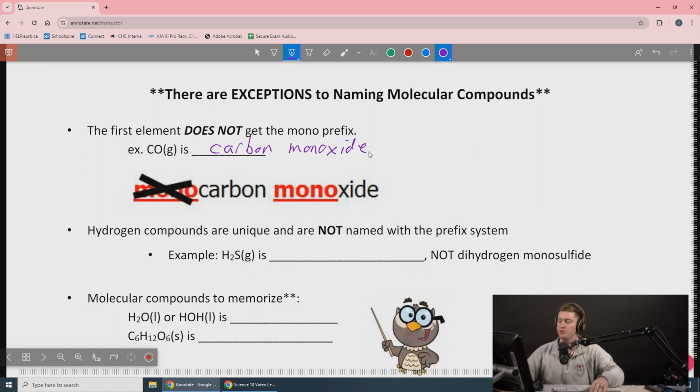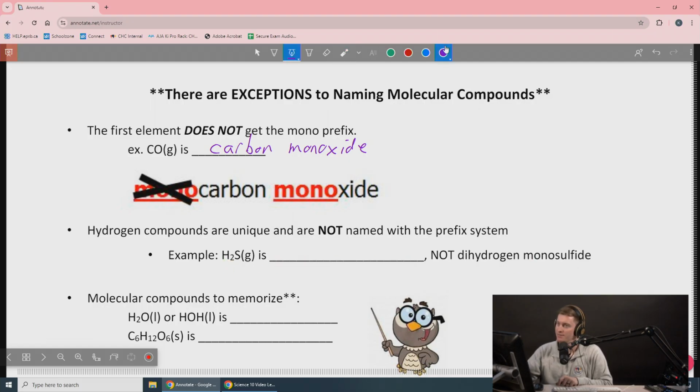Hydrogen compounds are unique, and we don't actually name them with the prefix system. The naming for a hydrogen compound is a lot more similar to the naming for an ionic compound. So this H2S is not actually going to be dihydrogen monosulfide.